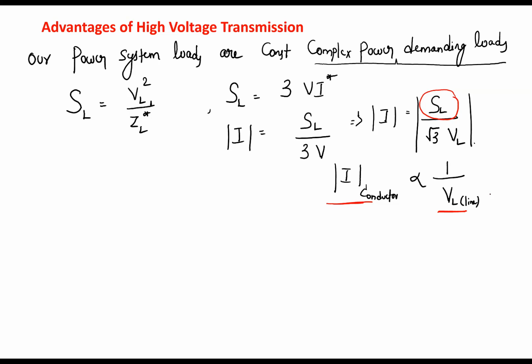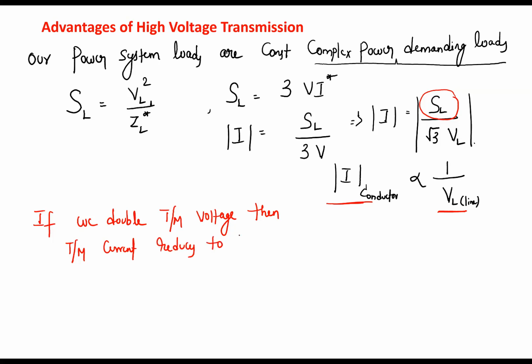So if we double the transmission voltage, then transmission current reduces to half. If you increase the transmission voltage by 10 times, your transmission current will become how much? 1 by 10th. Understand? So these are the advantages.